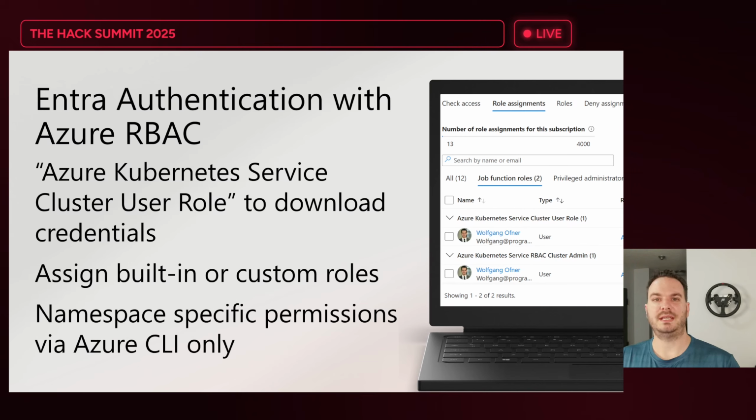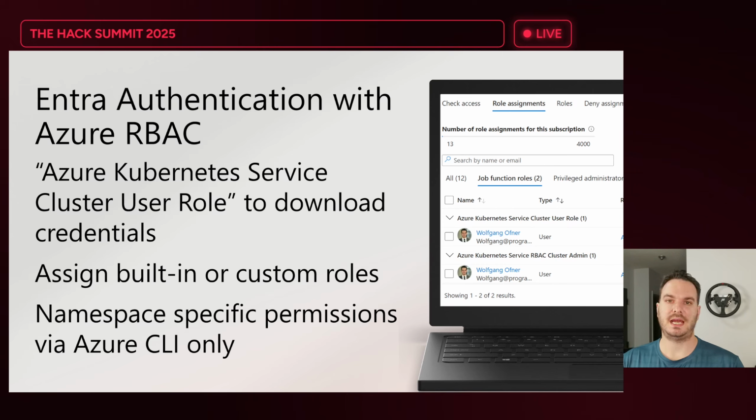The only downside, I'm not even sure if it's a downside, is if you want to assign the permissions to the entire cluster, you can do it in the Azure portal, and you can also see it in the Azure portal. But as I said before, we should also use an infrastructure as code tool.